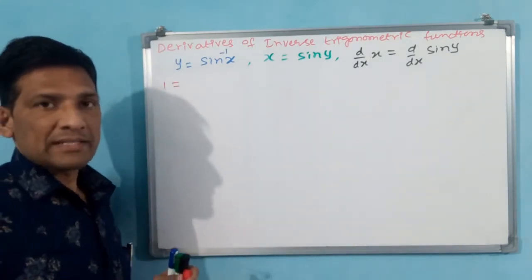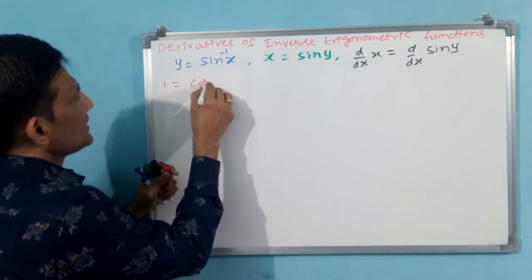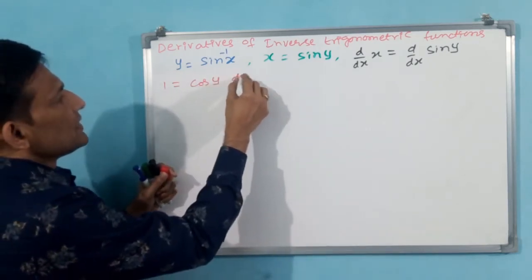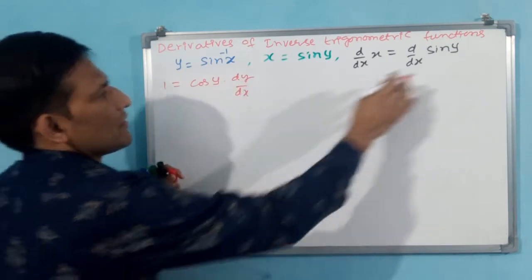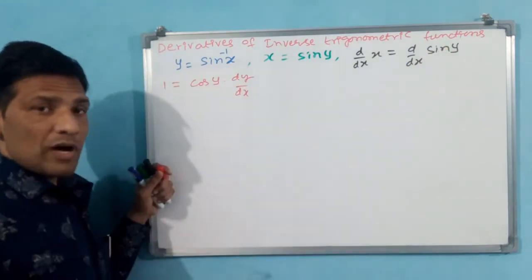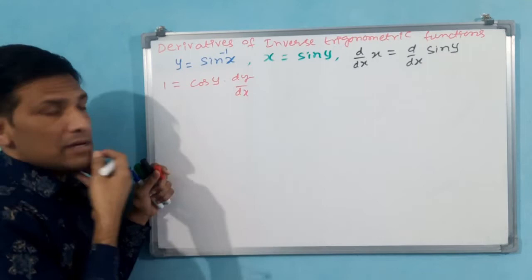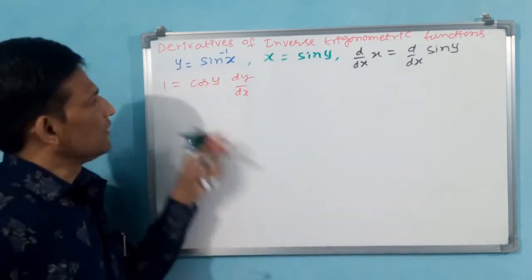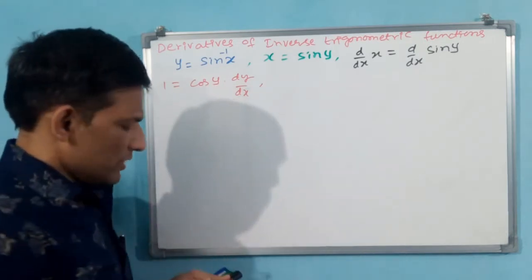D by dx of sin x is cos x. Write down cos x, x means y, again times dy by dx. Once you do up to x, over. Here x has come, here x has not come, that is why dy by dx comes here. Now you stop.